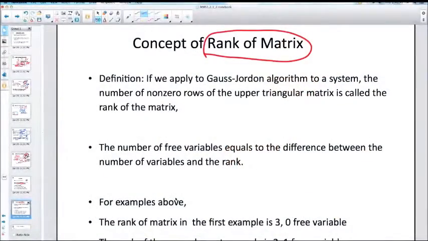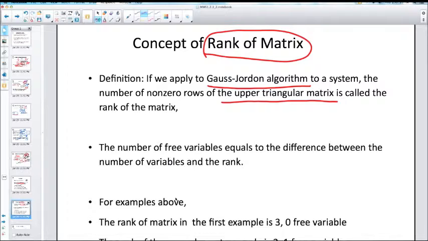If you follow the Gauss-Jordan algorithm, make as many zeros as you can, and change this matrix into the upper triangular matrix. And then you count how many rows of zeros are left.